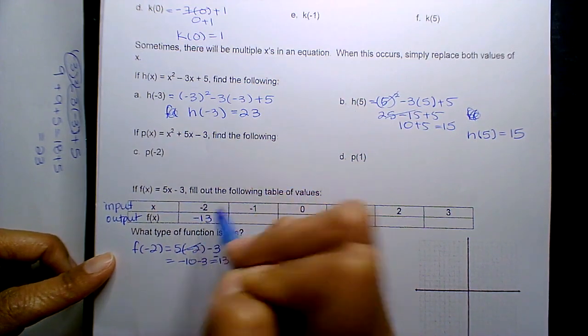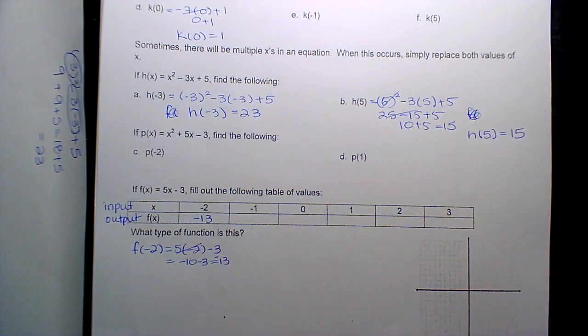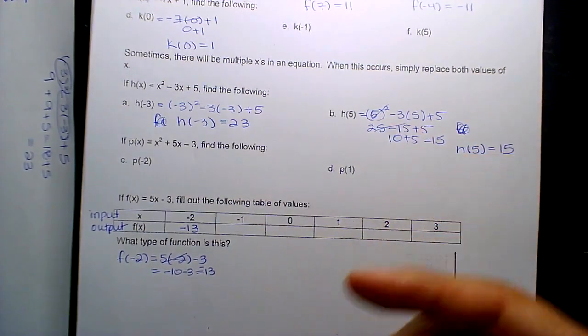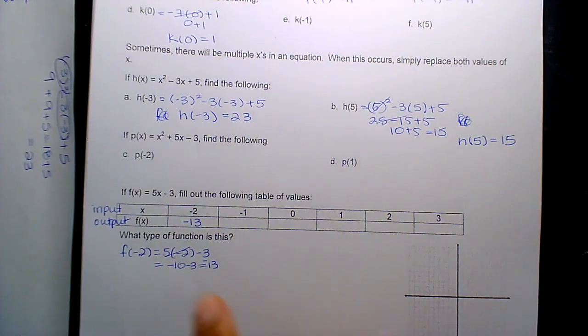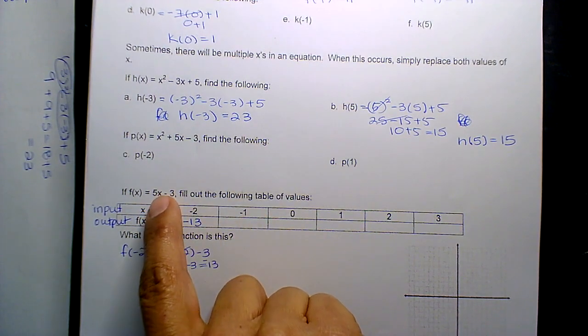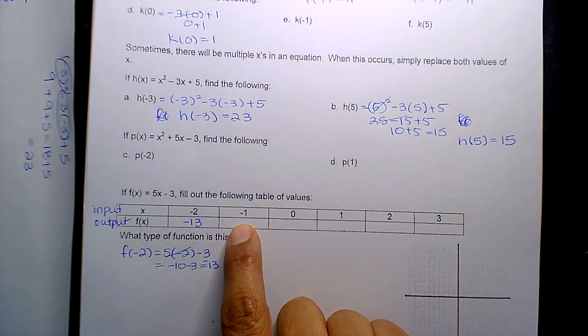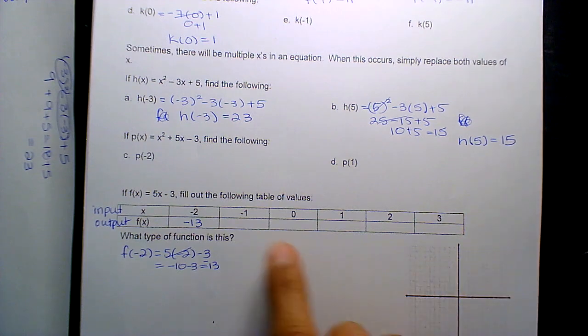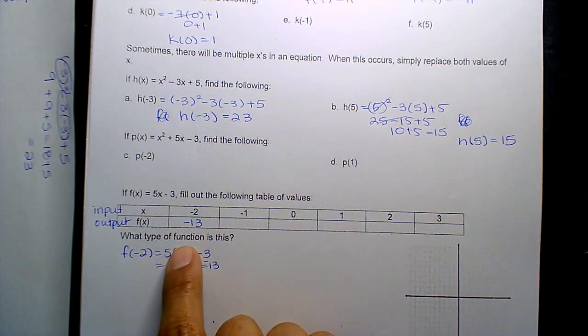The table is horizontal, and your input and output are kind of switched a little. So once you substitute into that function, whatever the value is, put it right below it. That's your output. And then after we'll plot the points and connect them, and they'll tell us what type of function this is.